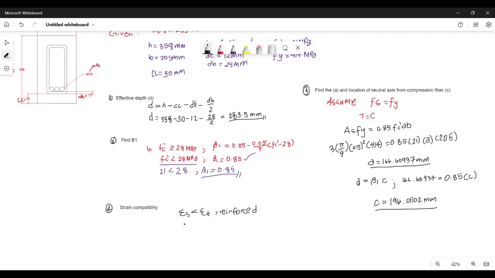If our strain s is greater than or equal to strain t, this is under reinforced.